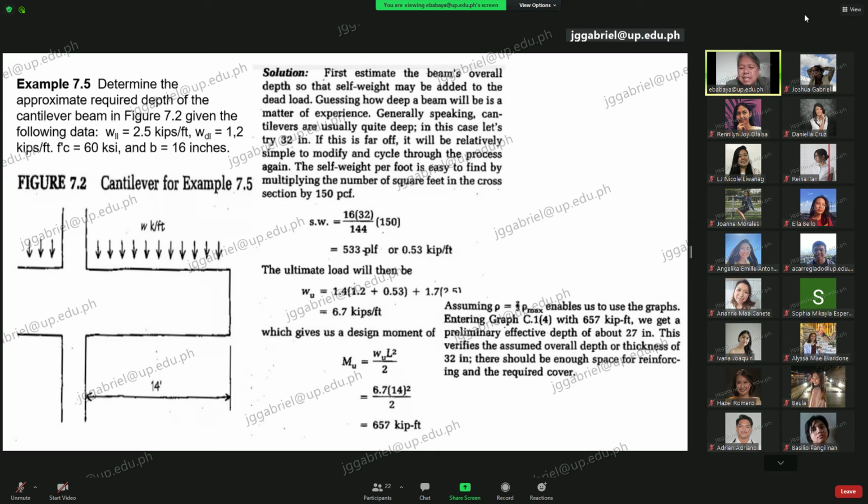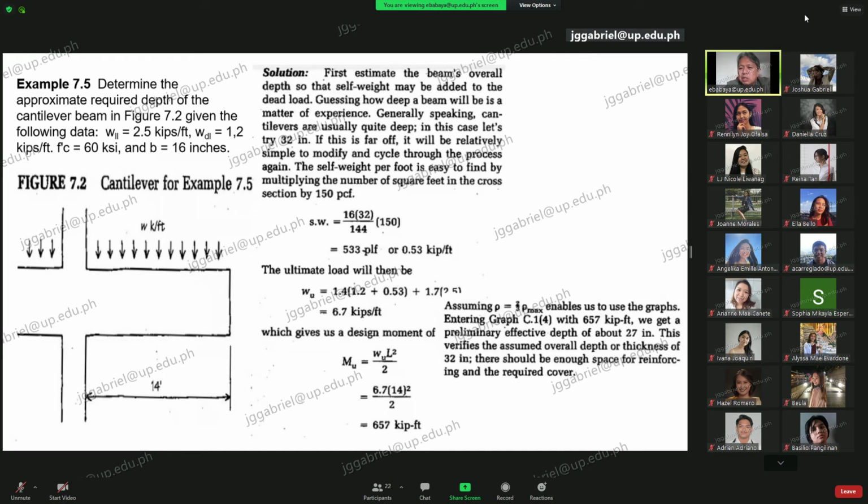As I've said, if it is cantilevered, it should be deeper. Mas malaki yung section. If it is a continuous beam, or fixed at the left, fixed at the right, liliit yung section na kailangan mo. When you say liliit ang section, mas maliit yung depth.